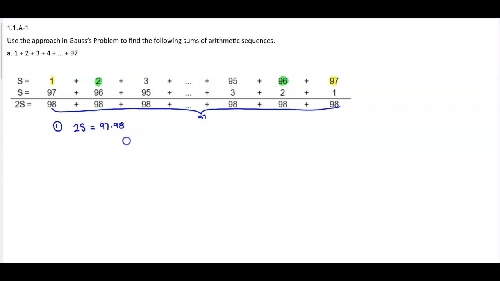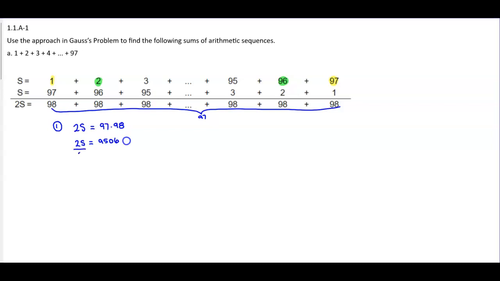Now we want to solve for S. So we're going to take 2S and multiply 97 times 98, which is going to give us 9,506. Now we're going to divide by 2.